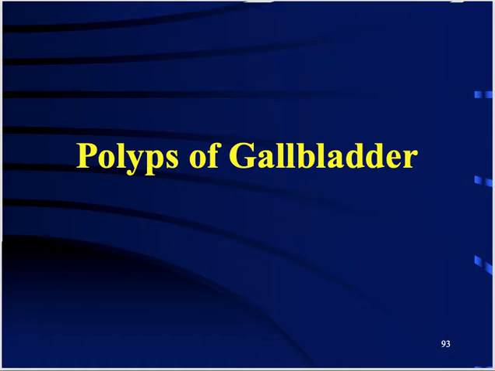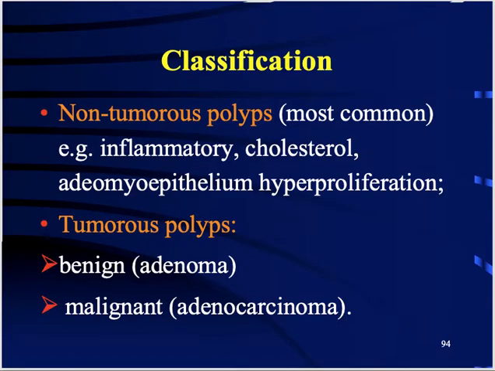So if you can see the polyps of the gallbladder, non-tumorous polyps, okay, these are the most common.